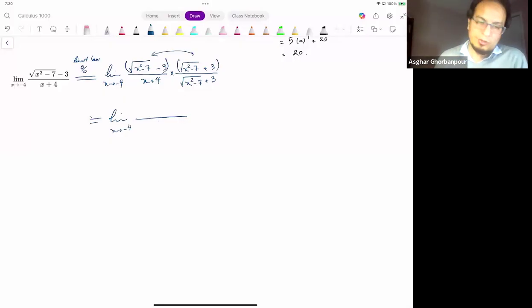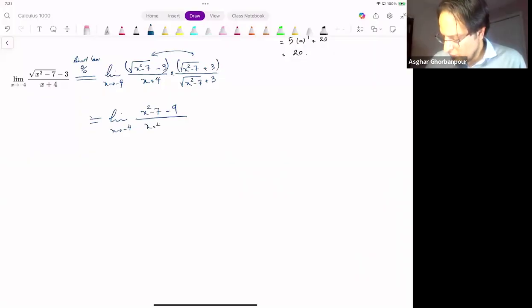In other words, you're using the (a plus b)(a minus b) identity, which gives the first one squared, x squared minus 7, minus the second one squared, over x plus 4 times root of, oh sorry, I have to put that in brackets, x squared minus 7 plus 3.